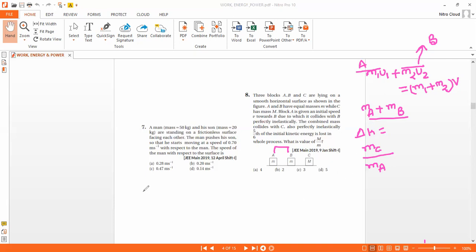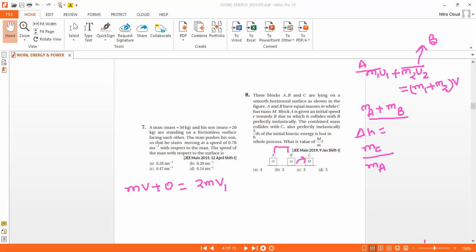Block A is given initial speed V towards B, and B is at rest. So mv plus 0 is equal to 2m v1, where v1 is the velocity after the first perfectly inelastic collision. This combined mass then has a collision with the third one.